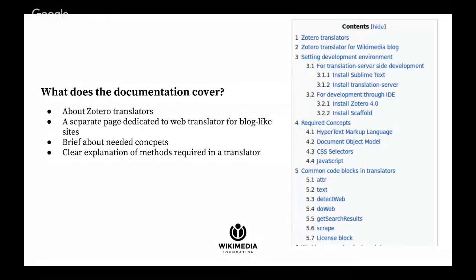Then there is a section that covers all the concepts that are needed before you jump into writing code. And then we have all the methods that are used to write a translator. These are more or less static. There's a template that is used in all of the translators. Next.